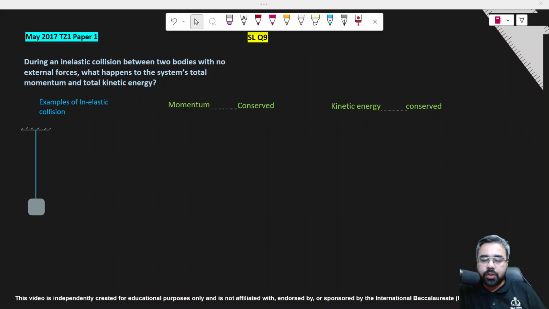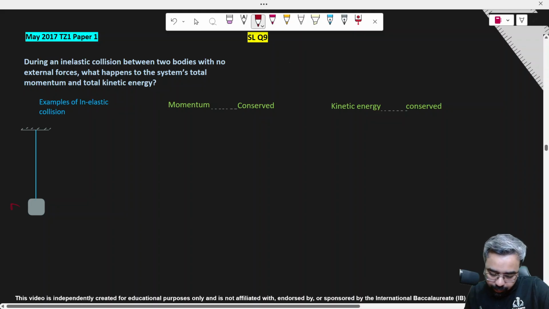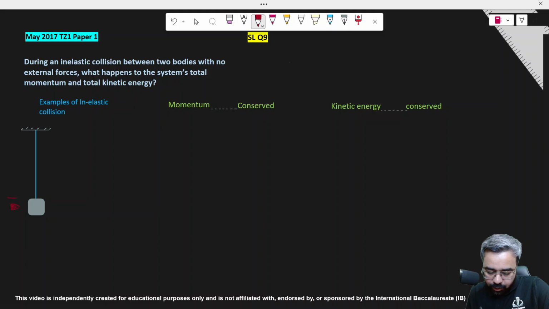First of all, I need to show you examples of inelastic collision. This is one example, like all the examples which involve embedding of something into the other. For example, if this is a bullet that is fired towards this block with some initial velocity u, at the very next moment it is going to embed in this block.